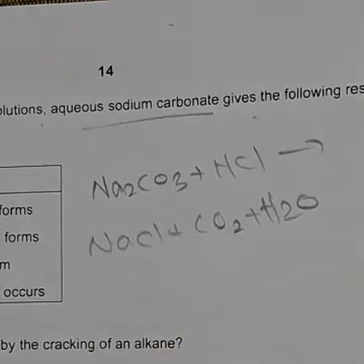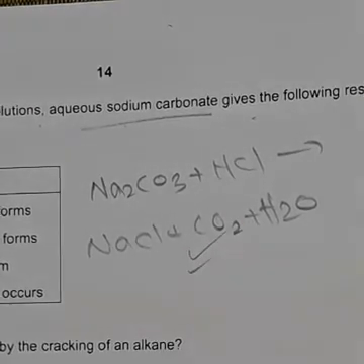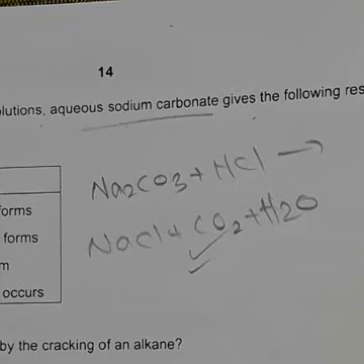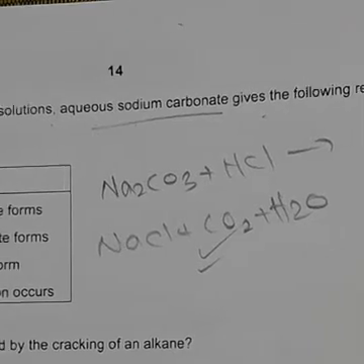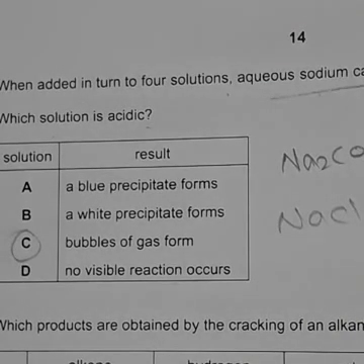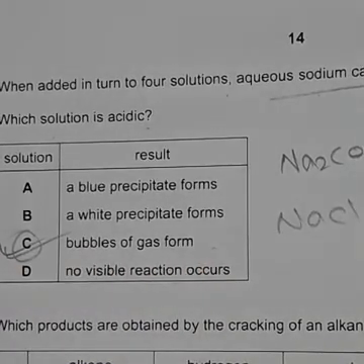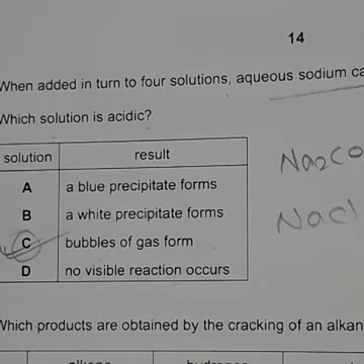So there will be bubbles of gas, brisk effervescence, fizzing of gas. So which observation shows the presence of an acidic solution? Here, bubbles of gas form. When we mix sodium carbonate, potassium carbonate or calcium carbonate with an acidic solution, carbon dioxide gas will be formed, effervescence. Clear?